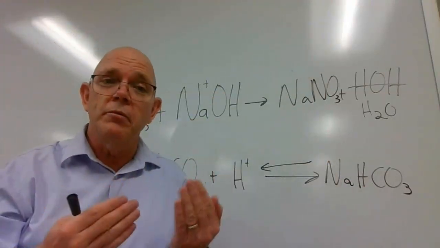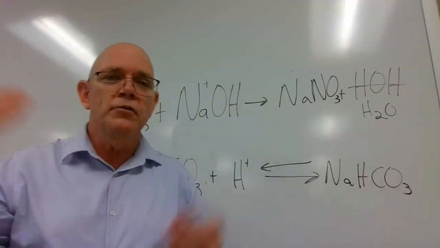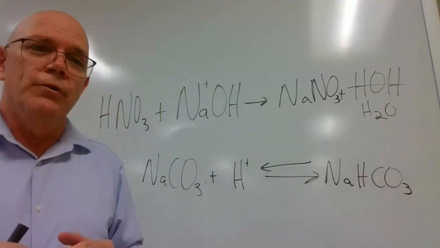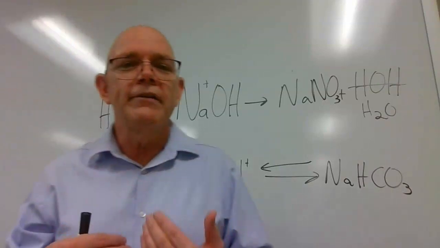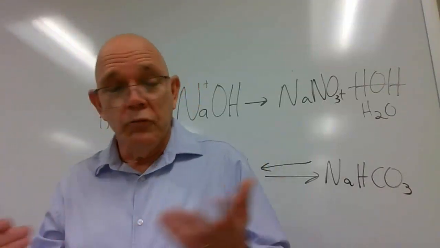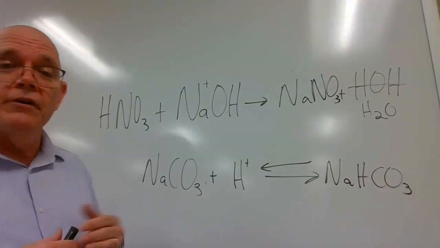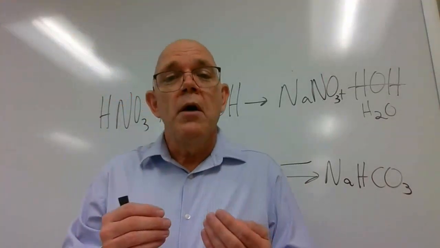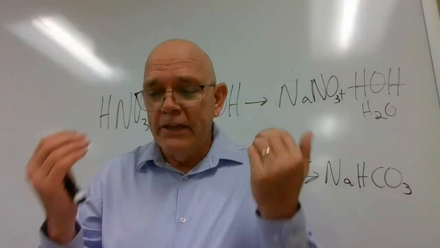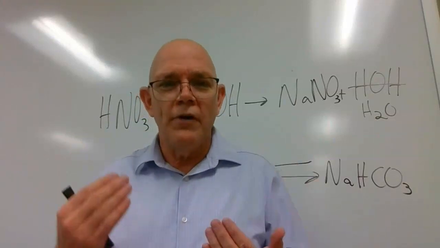They buffer your blood and keep it from getting too acidic or too basic and kind of keep it under control. And it has to do also with carbon dioxide that you breathe in. Carbon dioxide obviously is necessary to make the carbonate and so forth. But it's very important to keep it from changing too drastically.